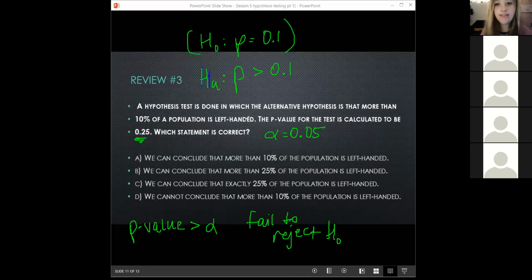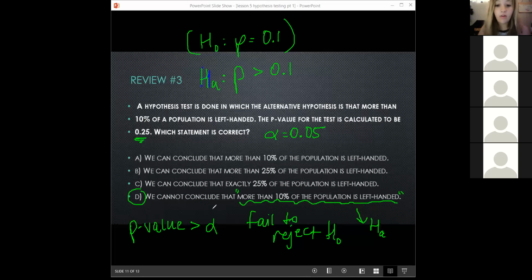So in this case, we're assuming that there's no change, so D has to be the correct answer because it's the only one saying that we can't conclude that, and then this technically is the alternative hypothesis. So we cannot conclude that we agree with the alternative.